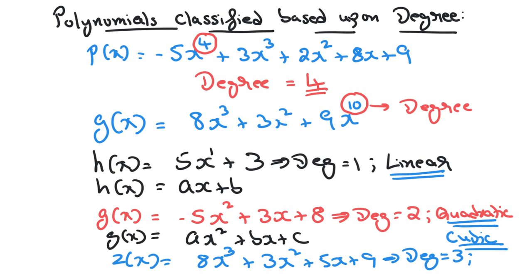So we learned the classification of polynomials based upon the number of terms and based upon the degree. We learned the definition of what a polynomial is. We learned what coefficients are. I hope the basic understanding of polynomials is clear.